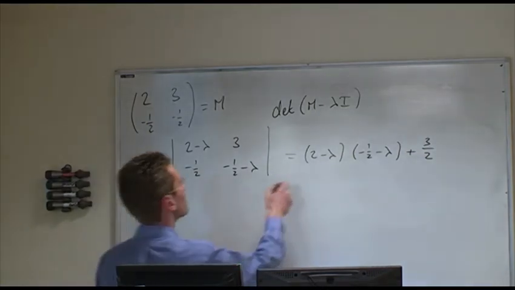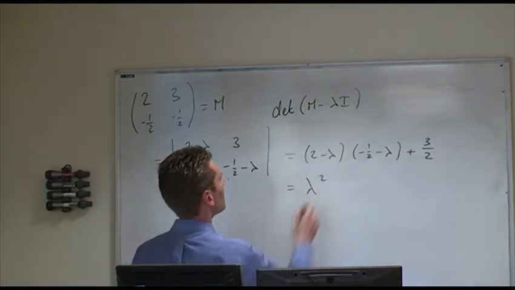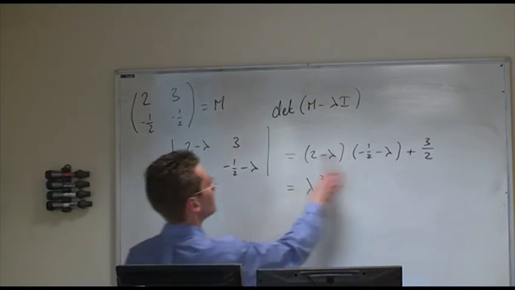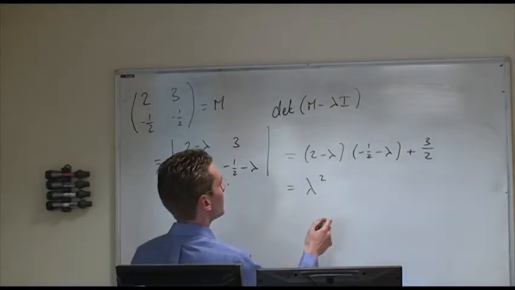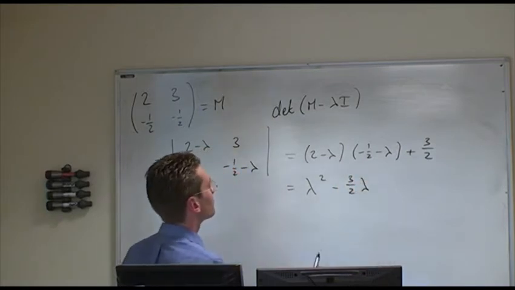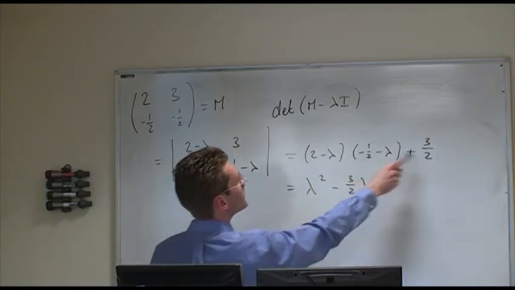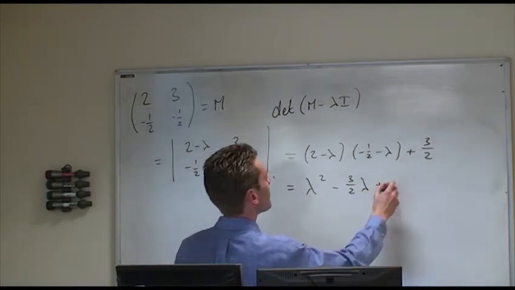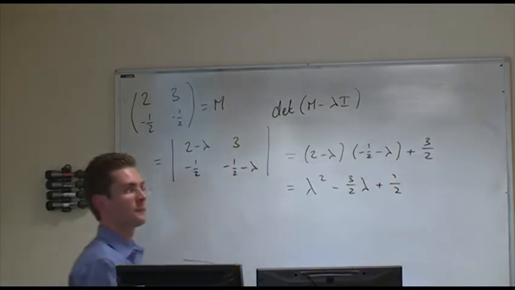If I expand that out and simplify, I have lambda squared. I have minus 2 lambda plus 1/2, so that's going to be minus 3 upon 2 lambda. I'll then have minus 1 plus 3 upon 2. That cancels to give me plus 1/2.